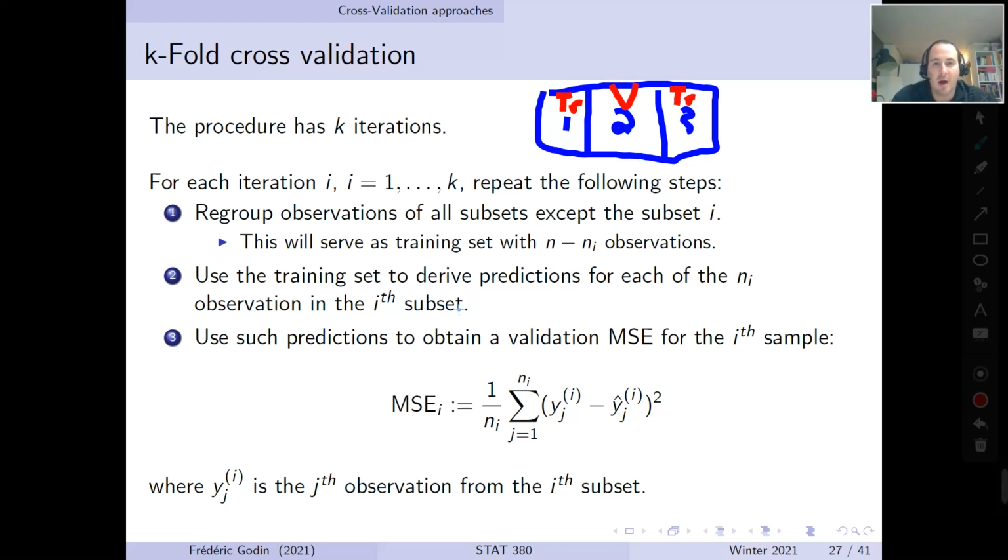Then for these predictions within subset 2, we calculate a mean square error for the ith subsample. The MSE for the ith subsample is 1 over the number of observations in that subsample, times the sum across all observations of that subsample of the squared difference between the jth observation in subsample i and its associated prediction.